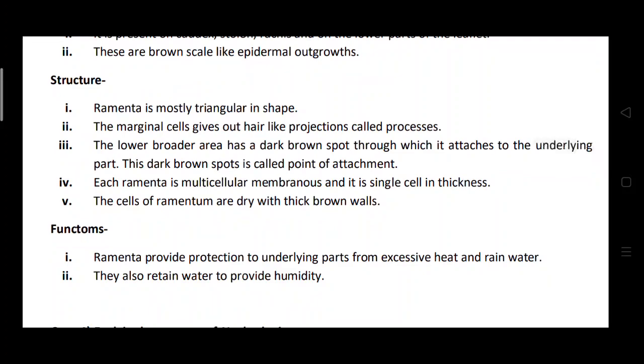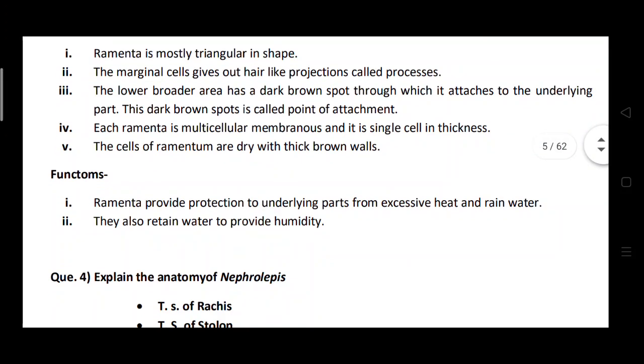The marginal cells give hair-like projections called processes, and the lower border area has a dark brown spot which is the point of attachment. The function of these ramenta is protection of the underlying parts and also retaining water for providing humidity.